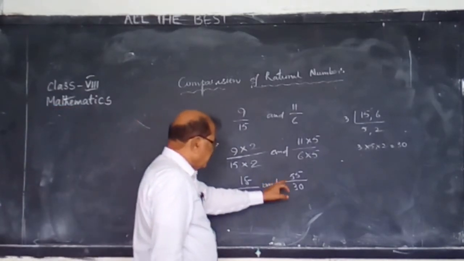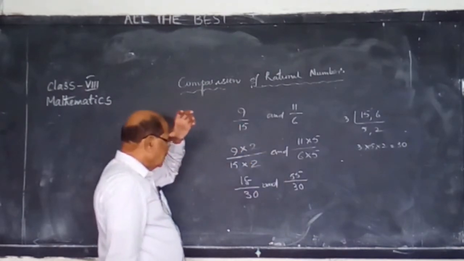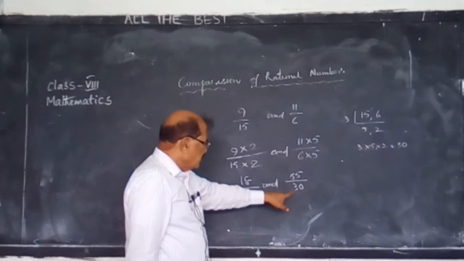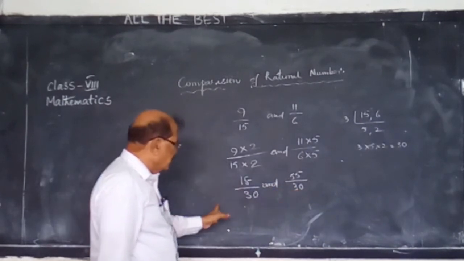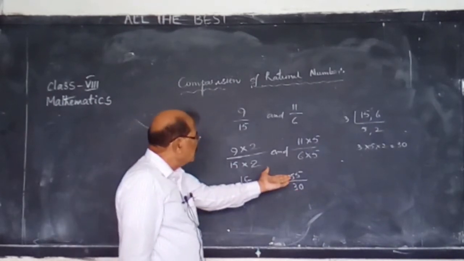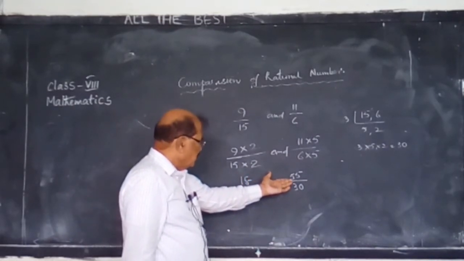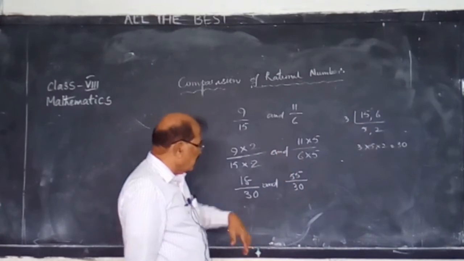So this is greater. How many parts are made? 30 parts, and how can you give 55 parts?